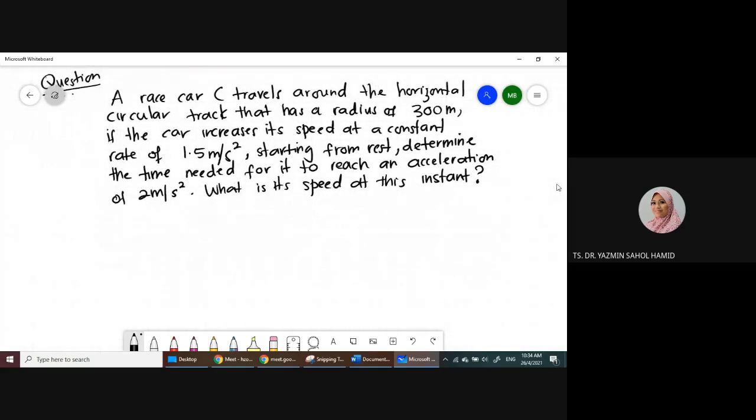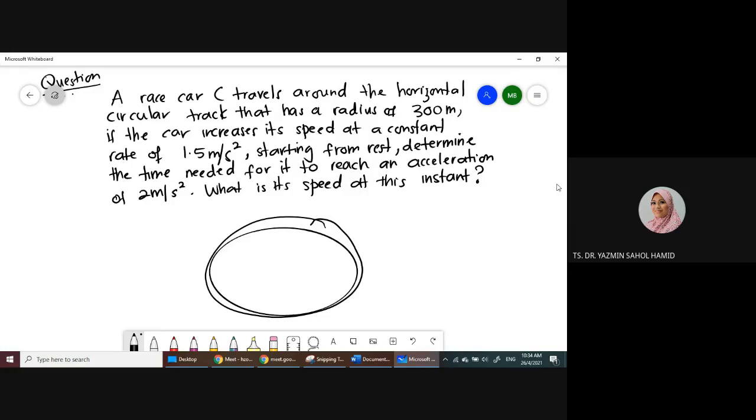Okay, now, so let me draw. Let's say we have a roundabout. Oops, doesn't look like a roundabout. Okay, let's say this is a roundabout. Not a nice circle, but it's okay.